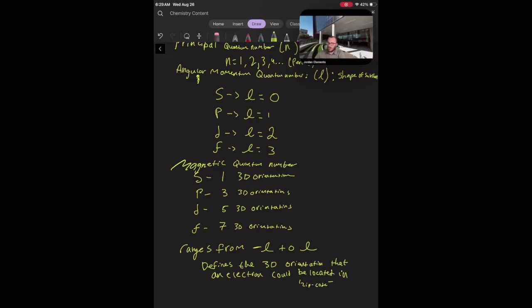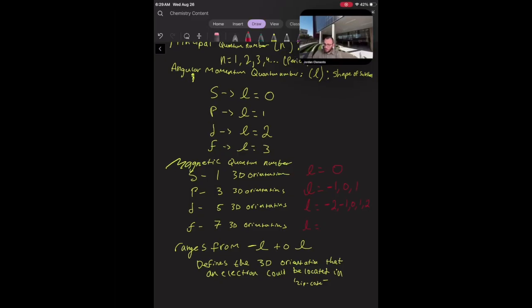And so for s, because we only have one orientation, ml is 0. For p, we have ml could be -1, it could be 0, and it could be 1. For d, ml could be -2, -1, 0, 1, and 2. For f, ml would be -3, -2, -1, 0, 1, 2, 3.